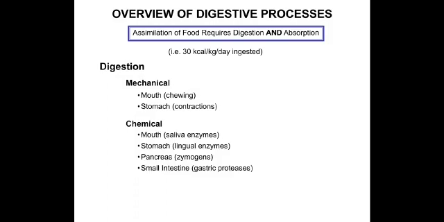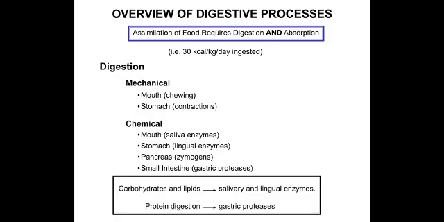The chemicals released, or the enzymes, are the salivary enzymes in the mouth, the lingual lipase, and pepsin, which is very specific to the stomach, converted from pepsinogen to pepsin in the presence of HCl, and the zymogenic granules from the pancreas with proteases from the small intestine. So the carbohydrates, lipids are all finally metabolized to glucose, fatty acids, and amino acids.